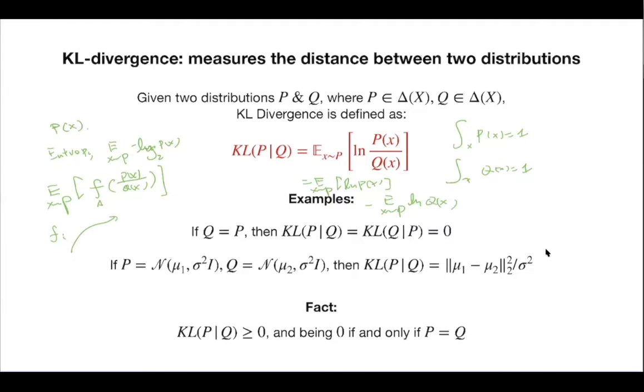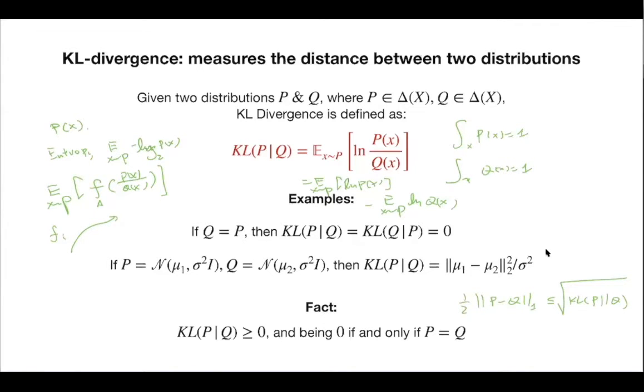So one interesting thing is that we can show that we can upper bound the total variation distance using the KL divergence. So that is always true.